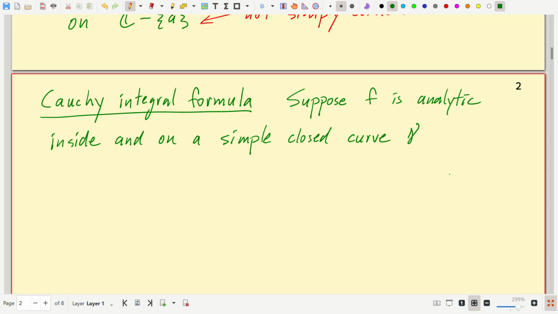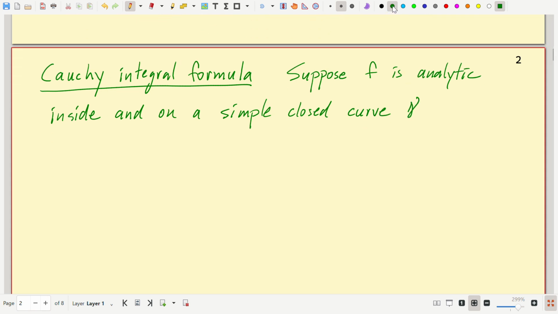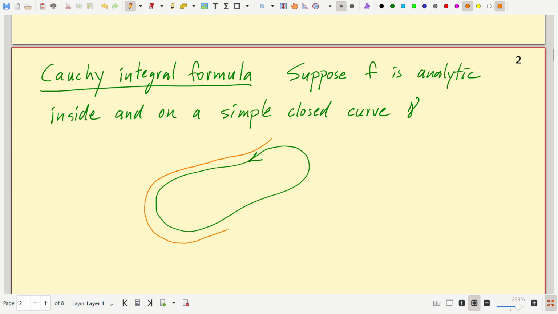So the picture is I'd have a simple closed curve gamma. All my domains look like a potato for some reason. There's gamma, and f is analytic inside and on. That means there's a neighborhood around the curve, an open set, where the function is analytic, and not only that, but it extends to be analytic through the inside of the curve.